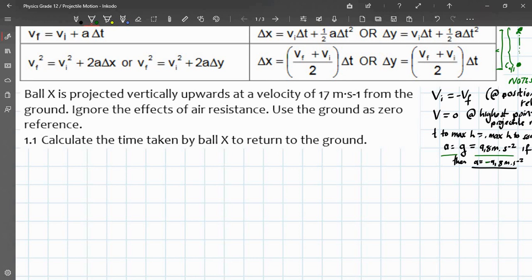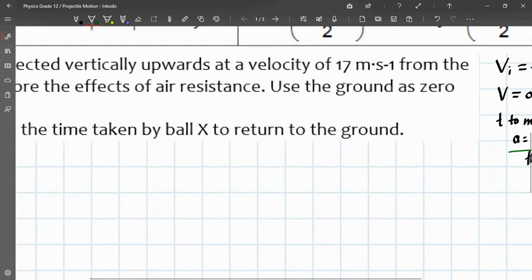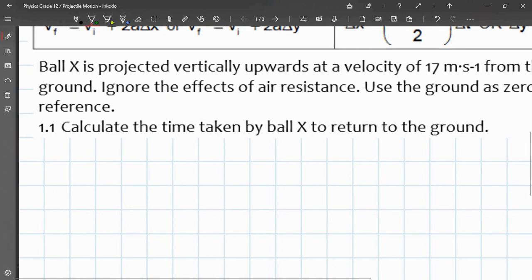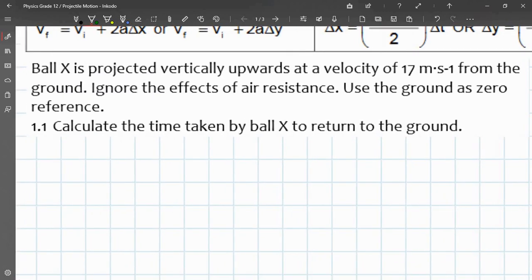Okay, let's draw a quick diagram of what we have here. There's the ground, there's a ball here, and it is projected upwards at 17 meters per second.